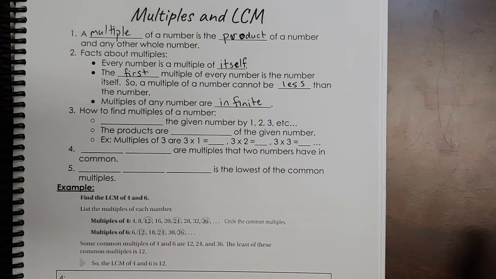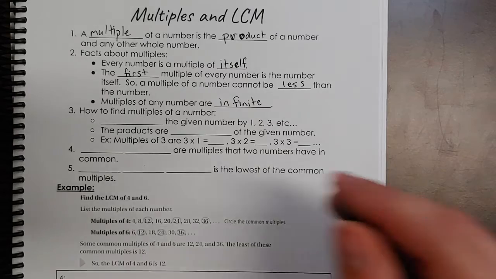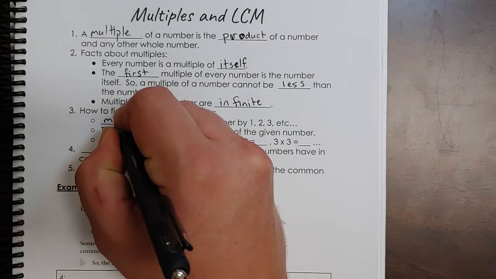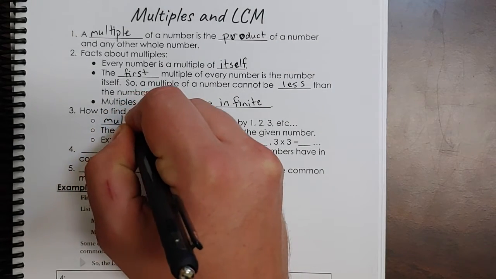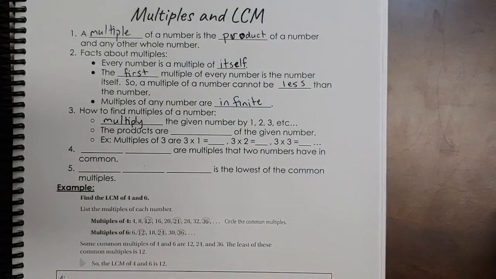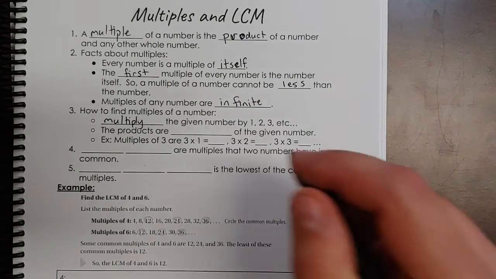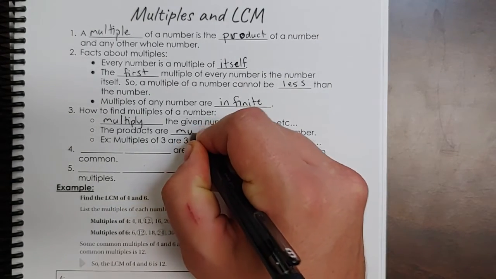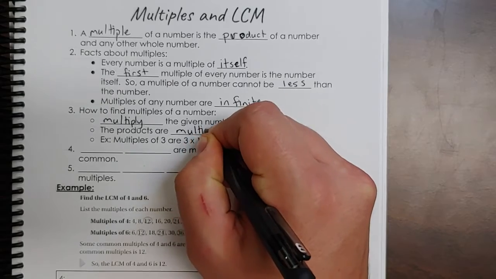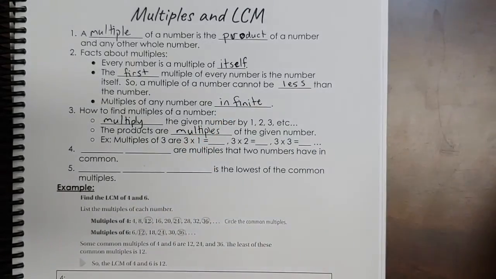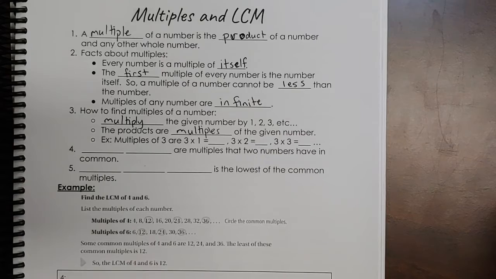So how to find multiples of a number? You multiply the given number by 1, 2, 3, etc. So keep on going. And the products are multiples of the given number.